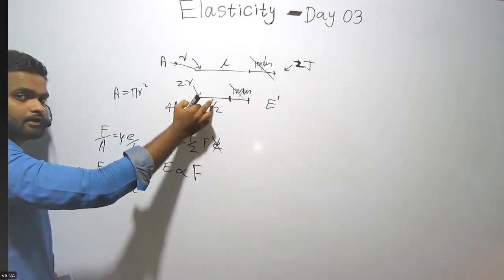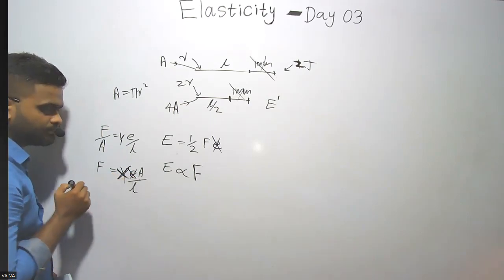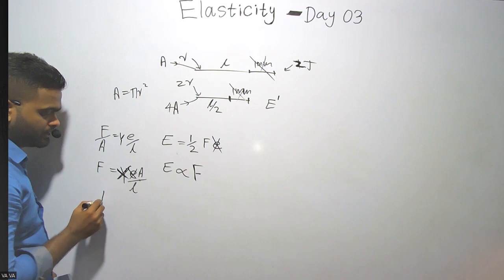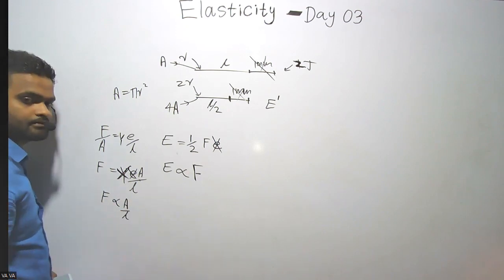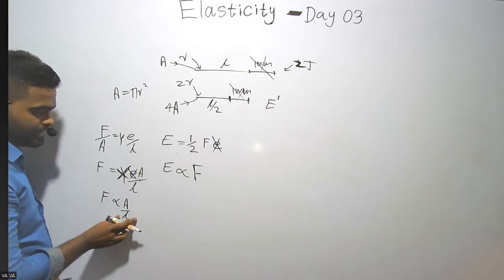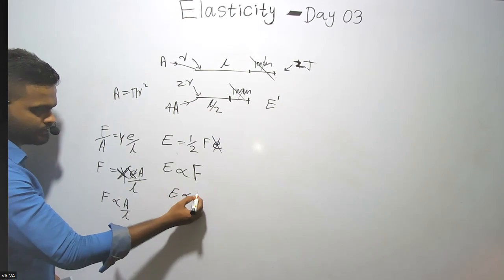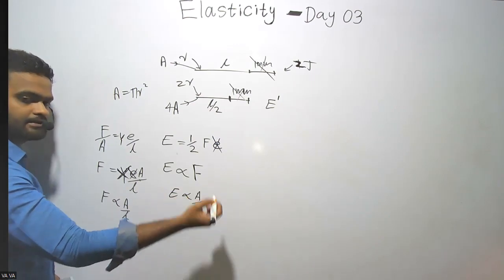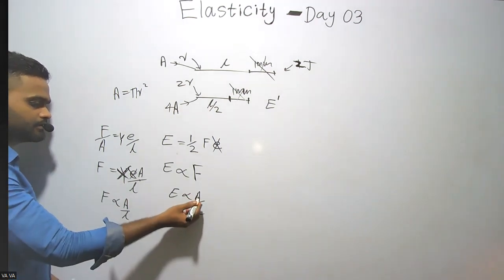Both have the same Y, and the same extension e. Now the force is proportional to what? Cross section divided by length. So instead of force, you can put cross section divided by length. Easy, right?